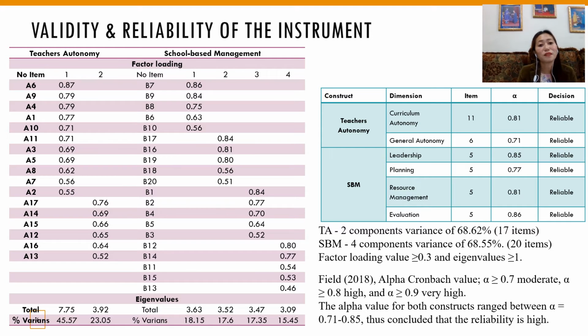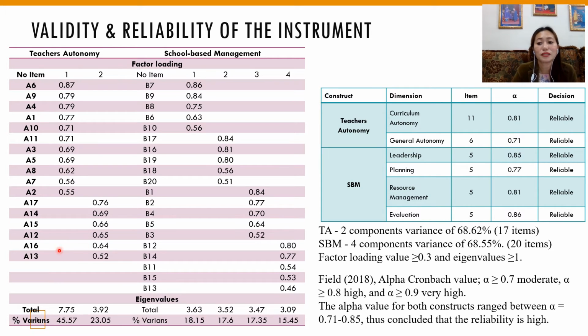So this is the validity and reliability of the instrument. The first table is the validity results. It was analyzed using factor analysis, and the result shows that there are two components that contribute a total variance of 68.62%.